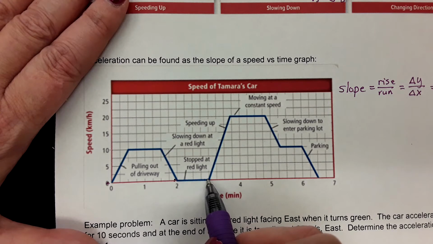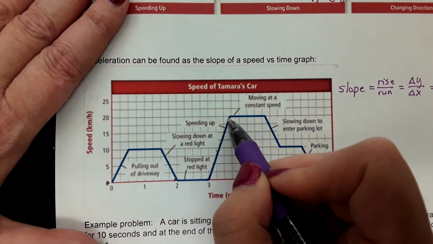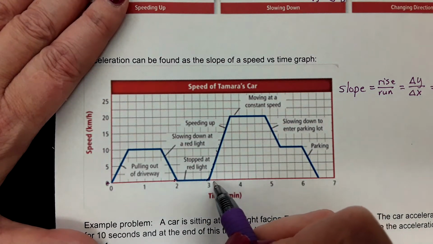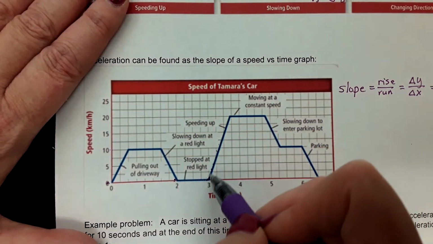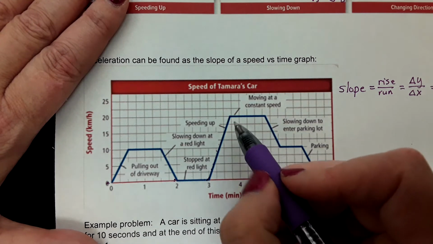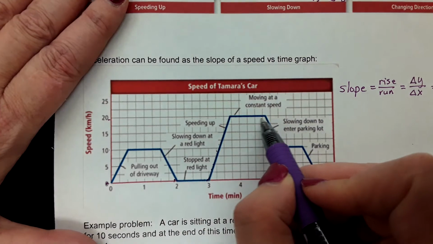And she stays stopped for a time period. Then her speed increases again. And look at how much it increases over this short period of time, 3/4 of a second. So this is a large acceleration rate because it's a very steep line. Okay? Then she stays at constant speed of 20 for a while.